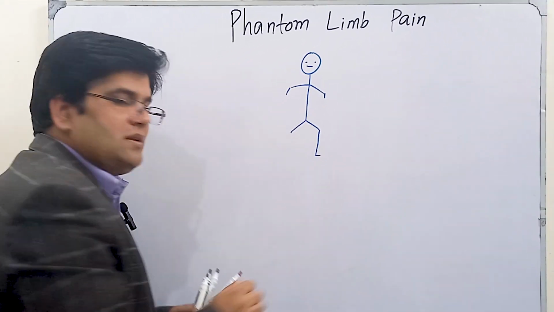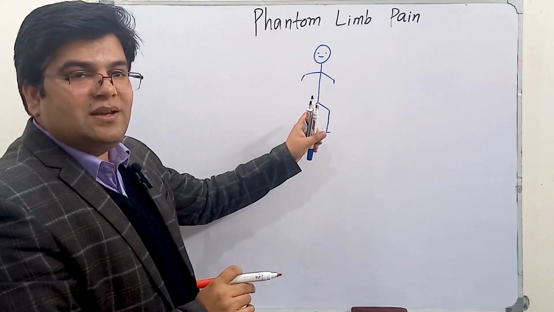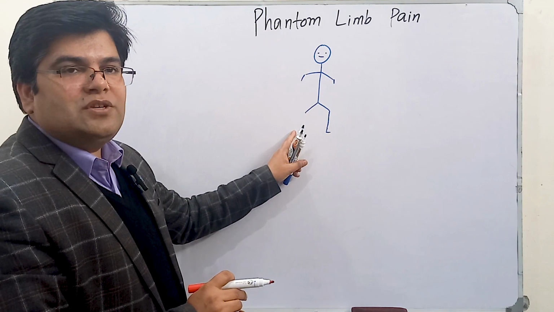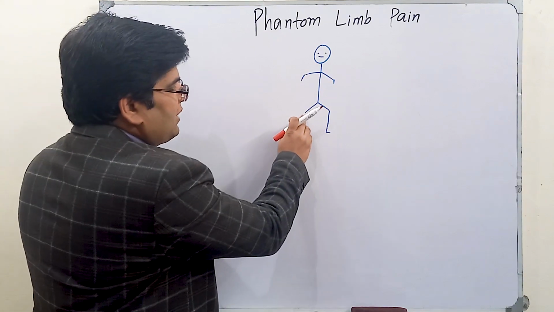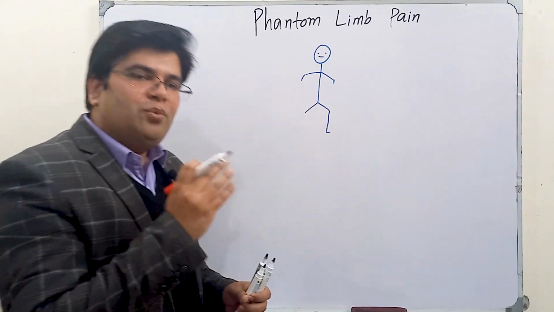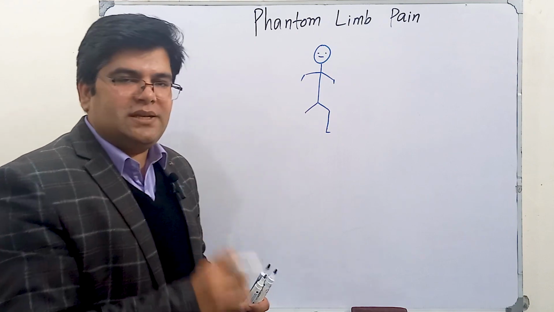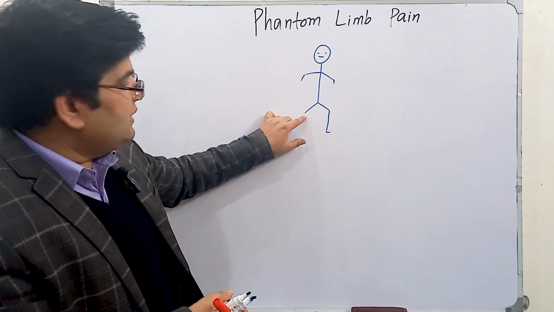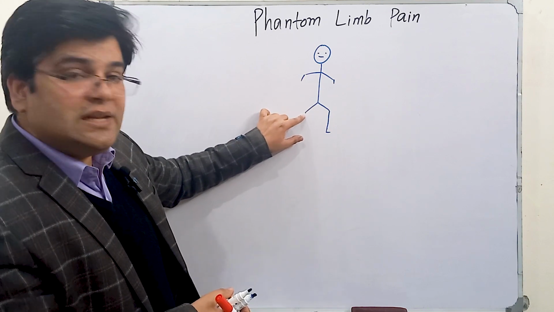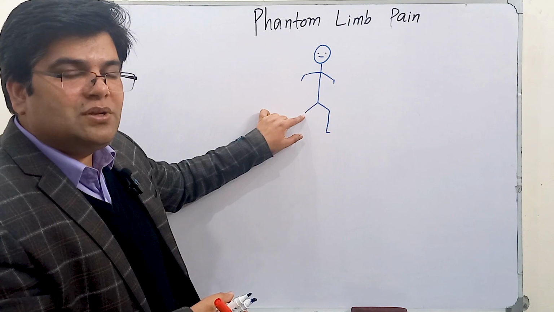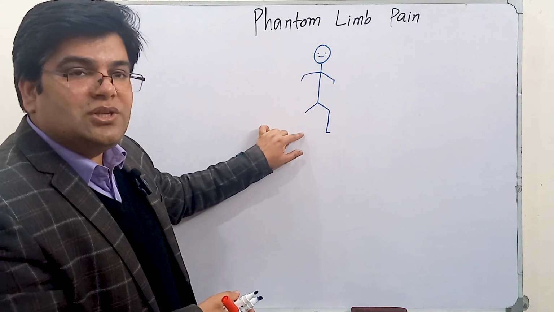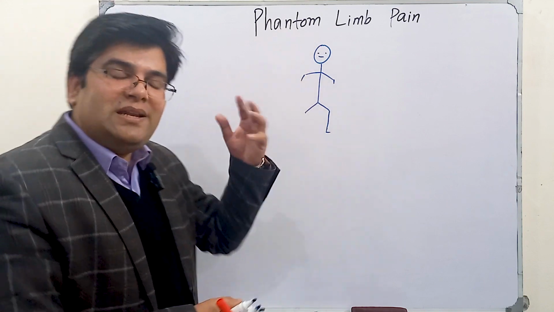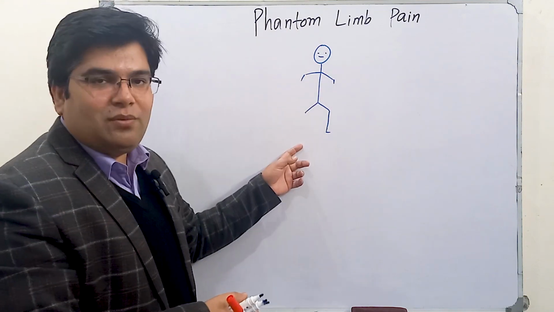The person perceives pain as if it is originating in the missing foot, which means that when the nerve endings which are carrying the proprioceptive signals and the pain signals are stimulated here in the cut stump, the signals of pain and proprioception which are coming from the foot region are perceived in the brain, and the brain perceives as if the signals are coming from the foot.